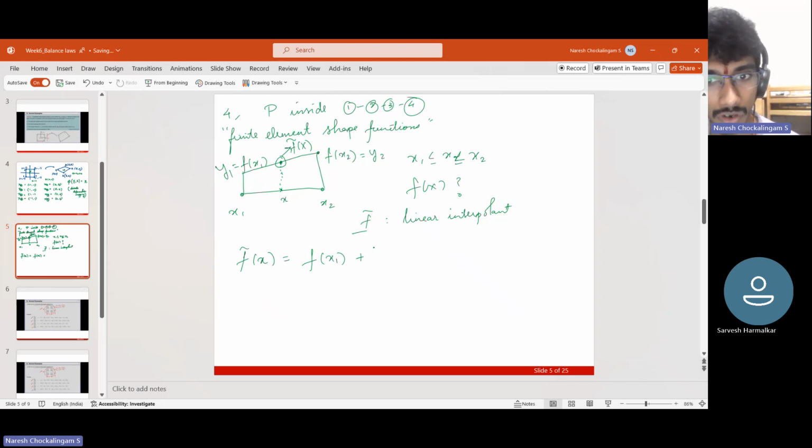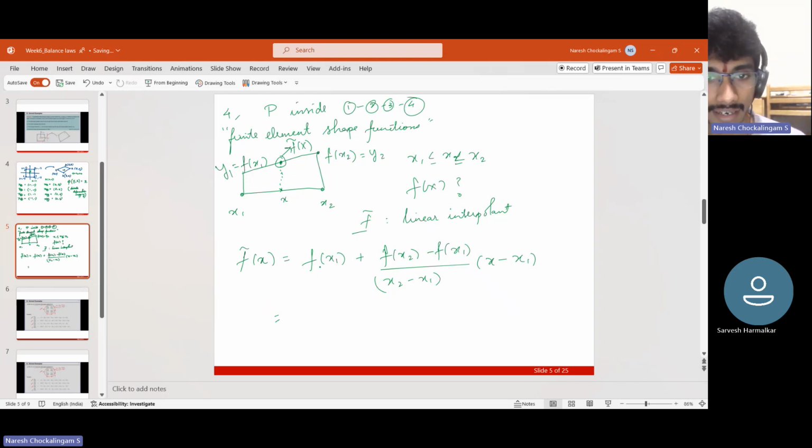What is the slope? Slope is f of x2 minus f of x1 divided by x2 minus x1, multiplied by how much is the coordinate? x minus x1. If you do some rearrangement, you can get it to this form. So just do some rearrangement.